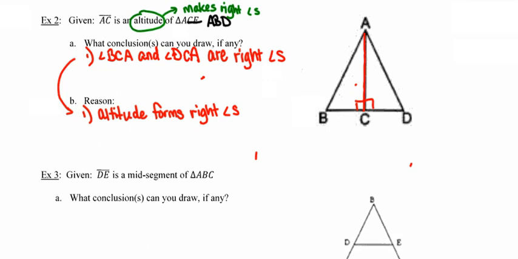Another conclusion we could draw then, because they're right angles, is that they have to be congruent to each other. And that's because all right angles are congruent.